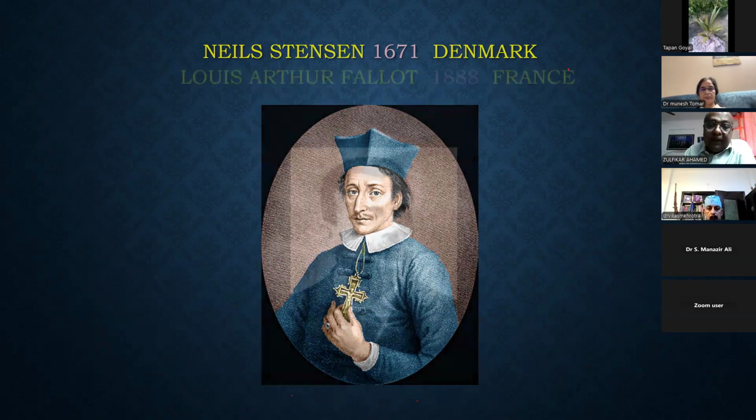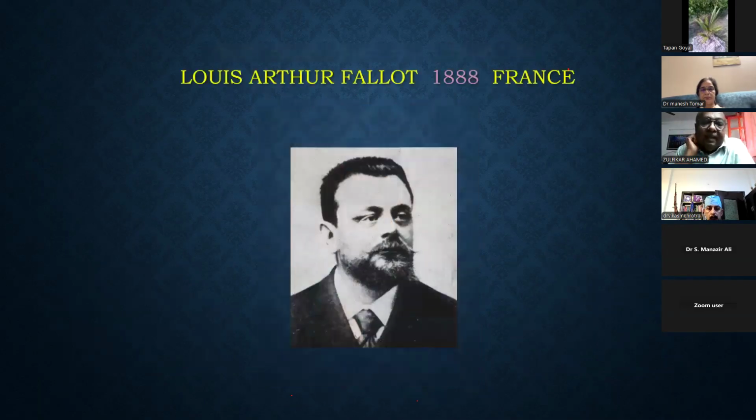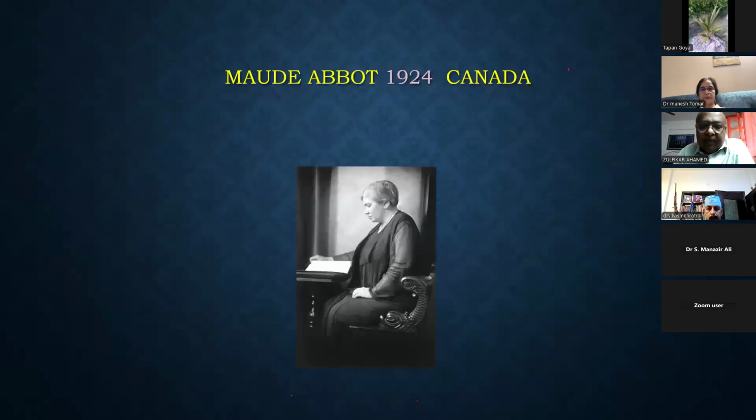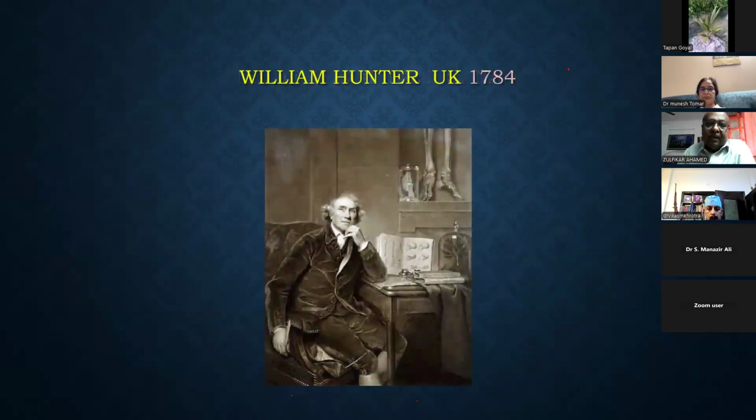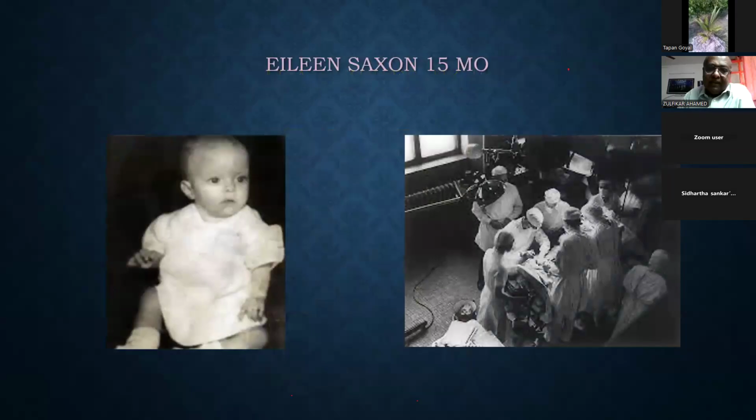But it took around 200 years for Fallot to describe the clinical and autopsy findings of a regular tetralogy, which we call tetralogy of Fallot, thanks to a great Canadian pathologist, Maude Abbott, who coined the term Fallot's tetralogy. And then Hunter, one of the two Hunter brothers, described the clinical findings of a cyanotic spell without probably knowing that this was due to a congenital cyanotic heart disease.